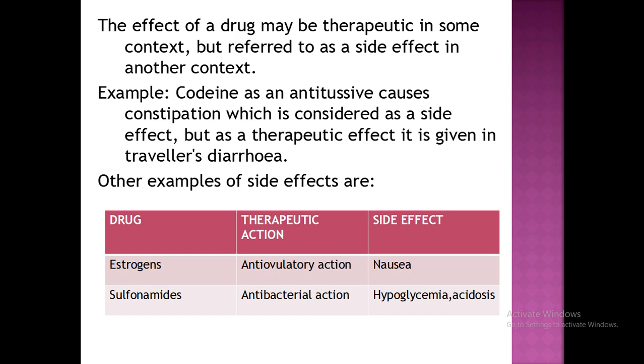Other examples of side effects are estrogens, which have anti-ovulatory action, therapeutic action, causing side effect of nausea. Then sulfonamides having therapeutic action of antibacterial can cause side effects like hypoglycemia and acidosis, reduced glucose levels in the blood and increased acid levels in the blood.